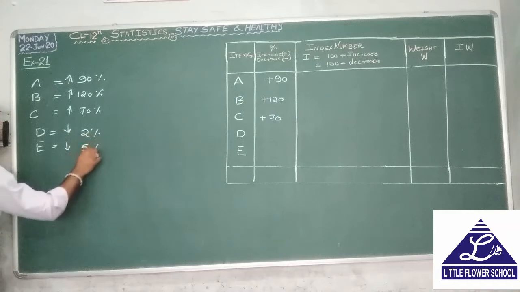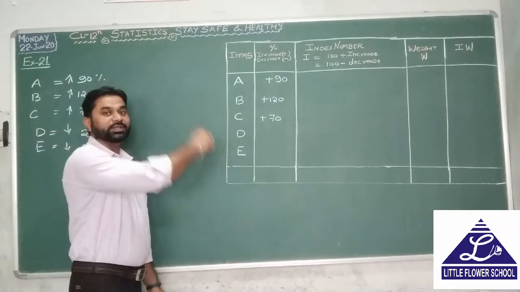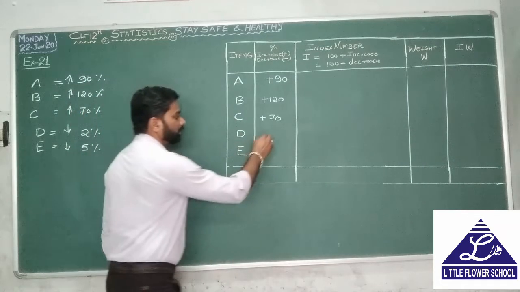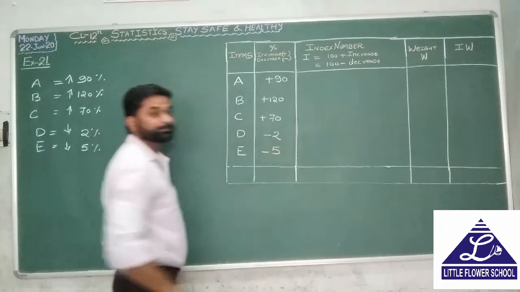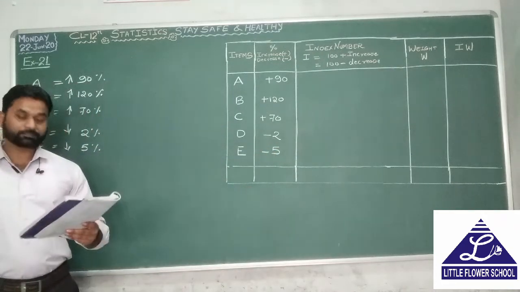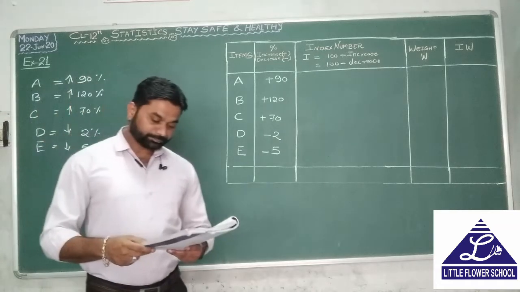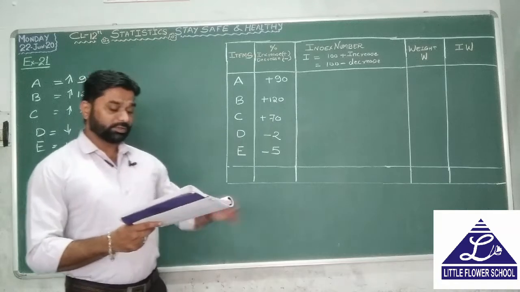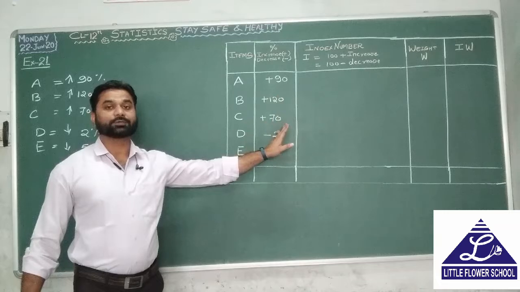In this section, decrease means gone down. That means minus 2 and minus 5. Now, according to this, first of all we should do the calculation.